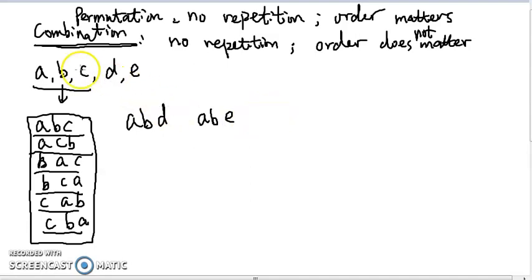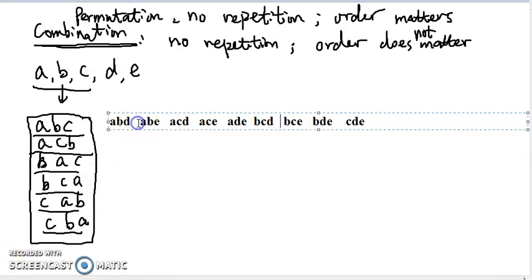And then we can get rid of A and replace A with D. So we have B, C, D. And I listed all the other different combinations here.